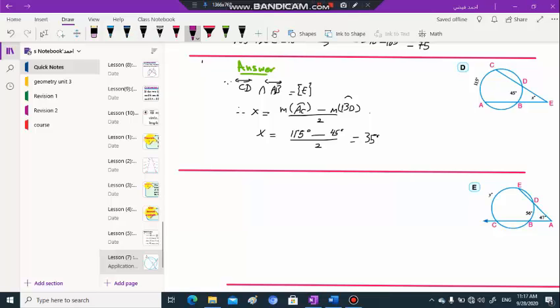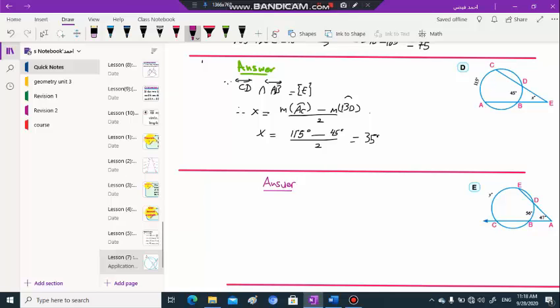Another example, letter E. So we have arc EC, Y, and we want to find the value of Y, and we have the measure of arc BD 56 and the measure of angle A 47 degrees. If we want to find the measure of angle A, we take the measure of arc EC minus the measure of arc BD, divided by 2.